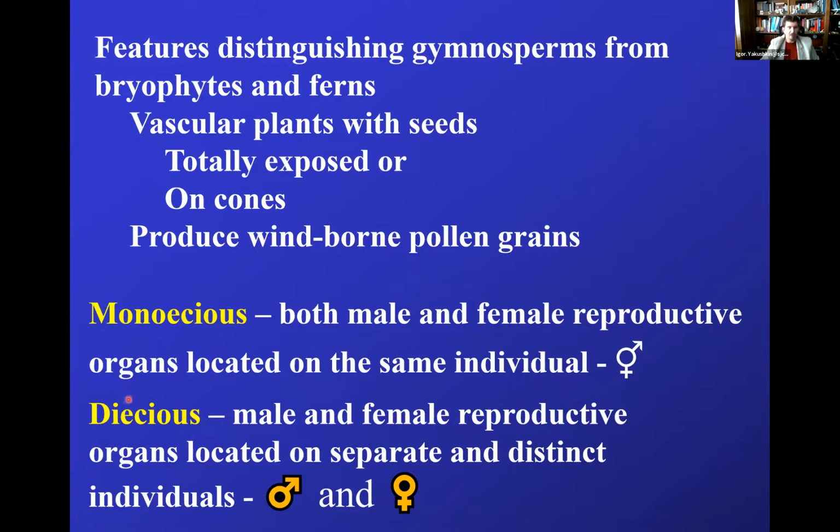Now, 2 more terms: monoecious, dioecious. Mono means one, meaning the same plant carries the male and female reproductive organs, essentially hermaphrodite, but typically we're talking about hermaphrodites when we're discussing animals. Maybe in different parts of the tree, but it's a monoecious tree, meaning male and female reproductive organs on the same plant, not necessarily a tree, but on the same plant.